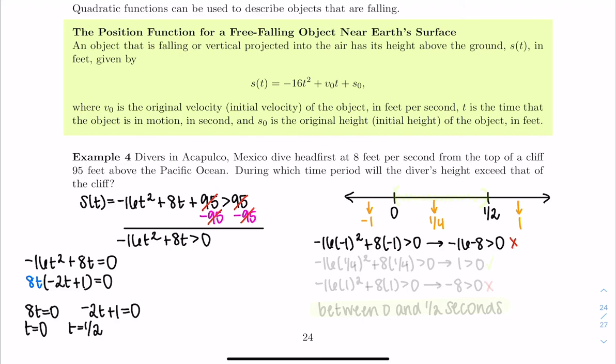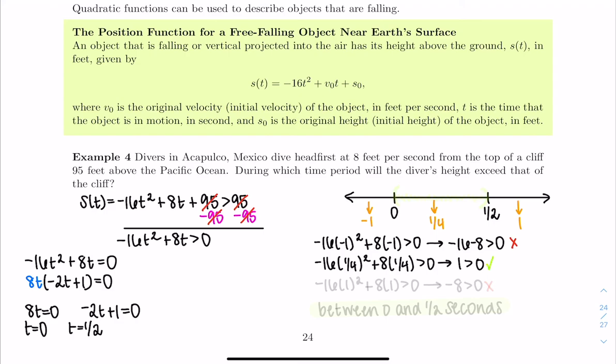Let's try 1/4. We got negative 16 times 1/4 squared plus 8 times 1/4, and that's supposed to be greater than 0. Well, that simplifies to 1, which is definitely greater than 0.